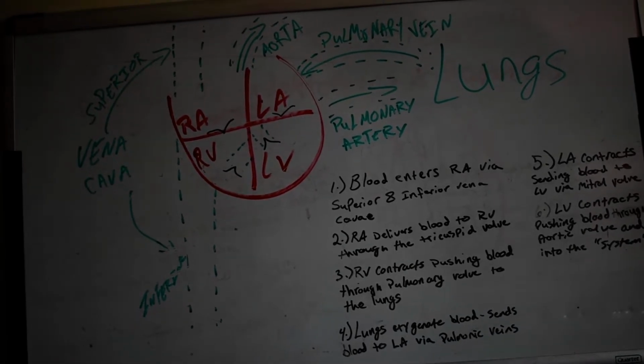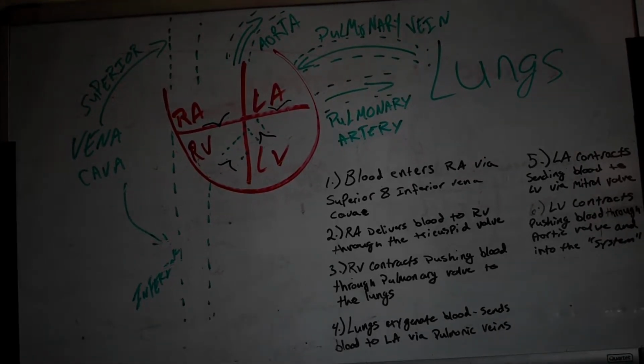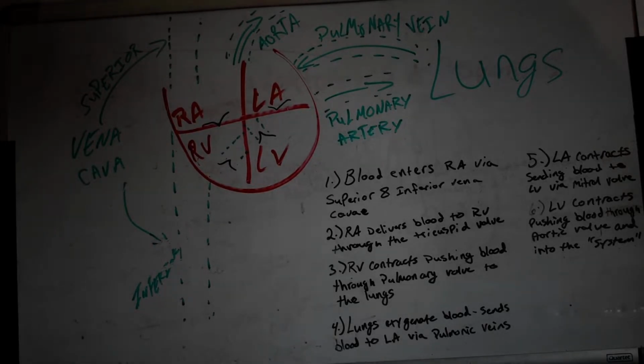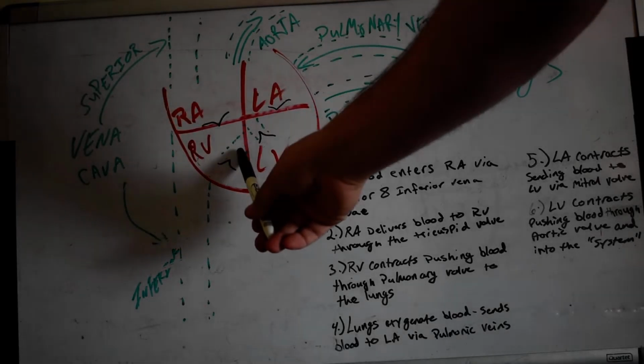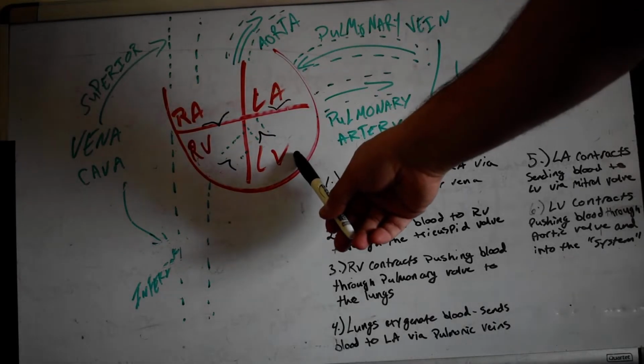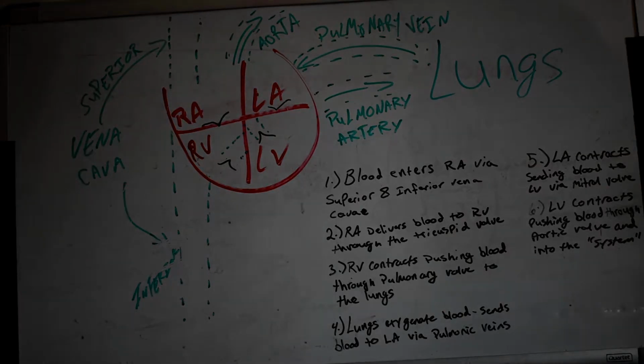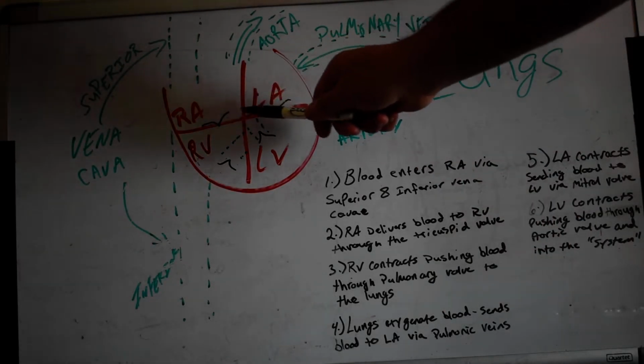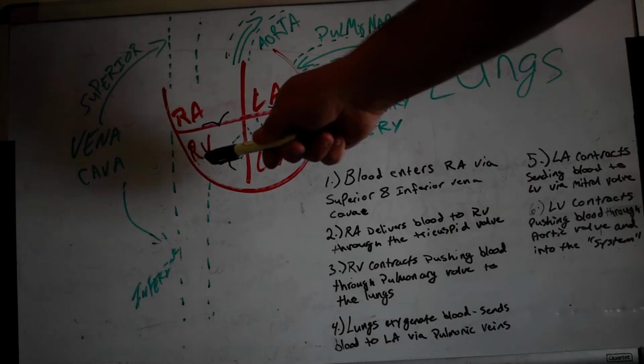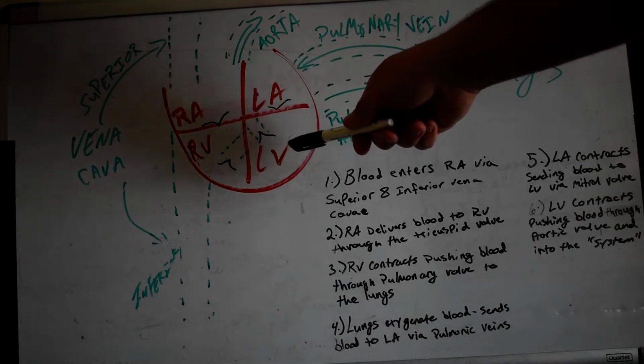All right. For exercise physiologists, I usually tell them to think of the heart in that it has two sides, a right side and a left side, and that it has four chambers. 1, 2, 3, 4.